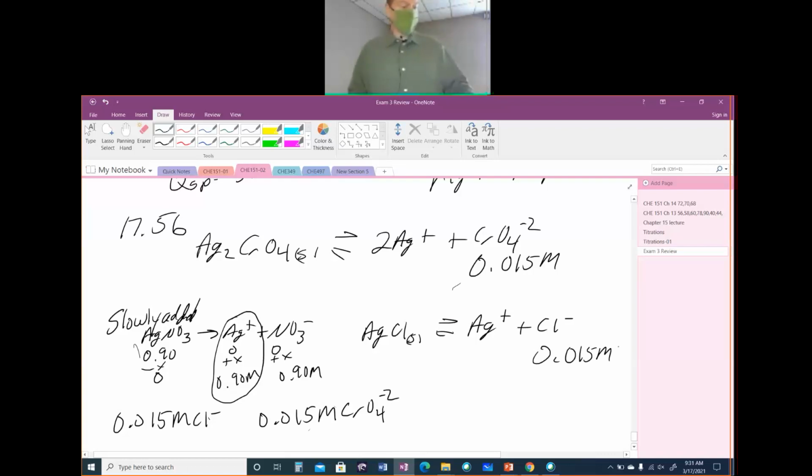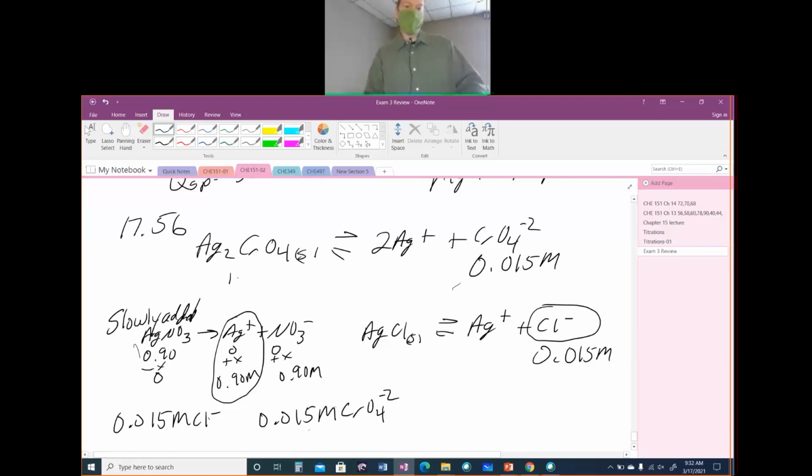All right, so the question is, what is our concentration of Cl minus? We want to know what that is at equilibrium. We're starting initially with 0.015 molar. We want to know where that ends up, and that is when this just begins to precipitate.